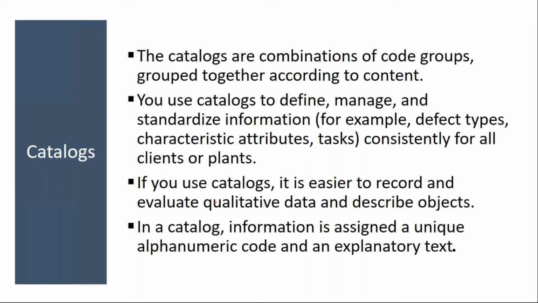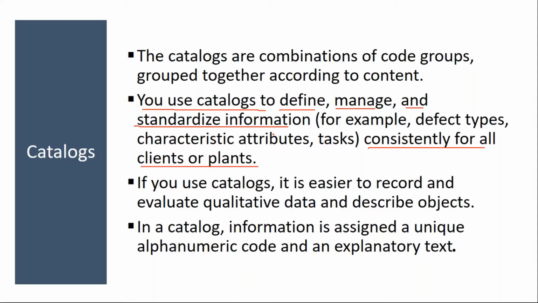Okay. So basically, catalogs are a combination of code groups grouped together according to content. In the catalogs, you will have the code groups with which you will group particular content. You use catalogs to define, manage, and standardize information consistently for all clients or plans.